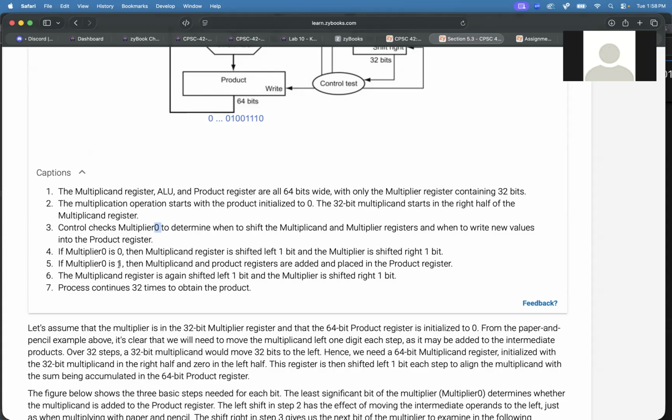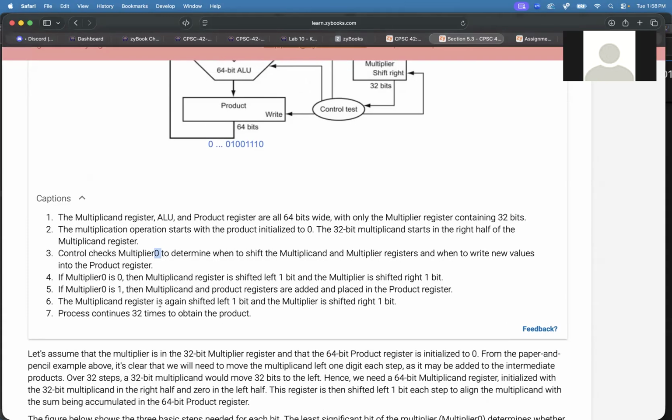If multiplier 0 is 1, multiplicand and product registers are added. So only if it's a 1 do we add them. The multiplicand register is again shifted left 1 bit and the multiplier is shifted right 1 bit. The process continues 32 times if you have a 32-bit number. So this would take 32 clock cycles, possibly, to do this multiplication for a 32-bit number times a 32-bit number.